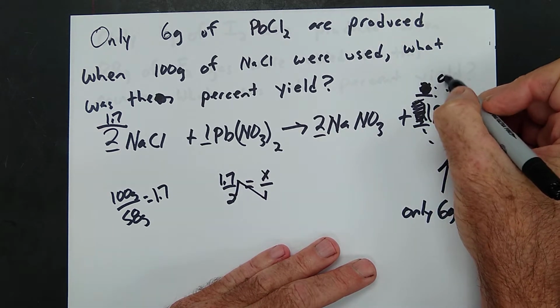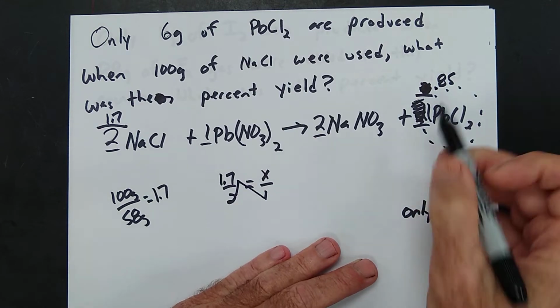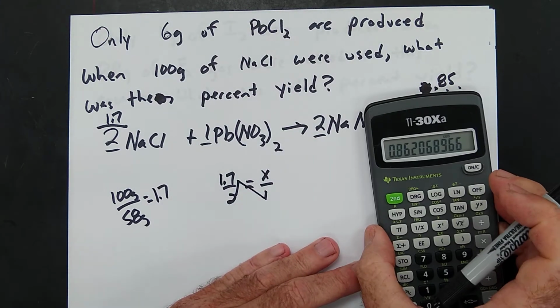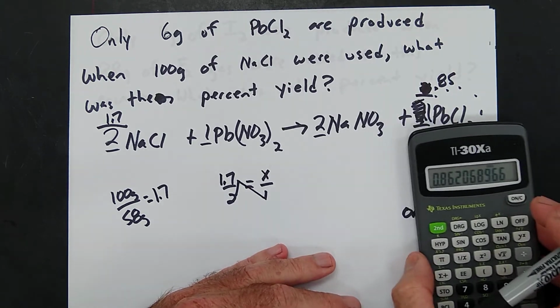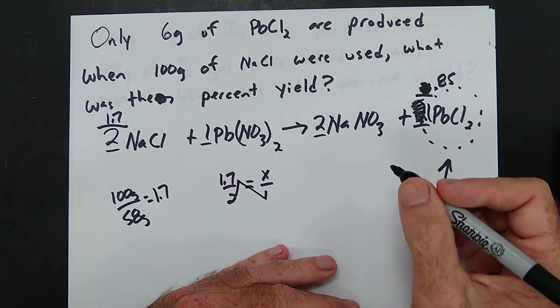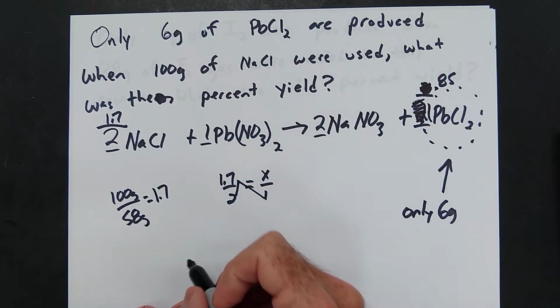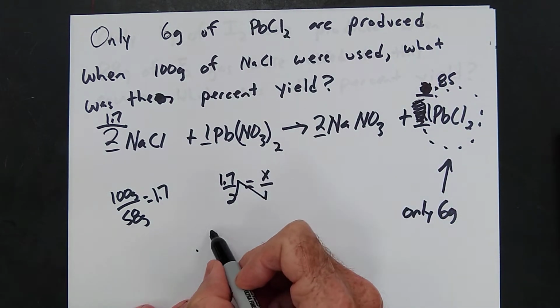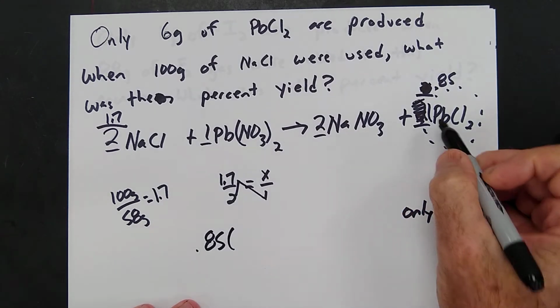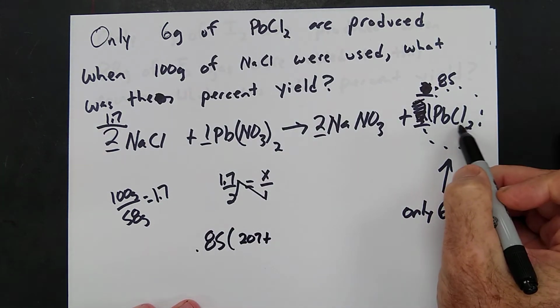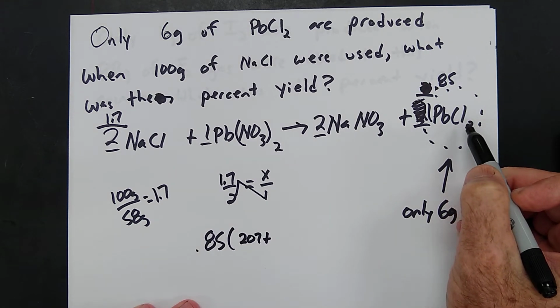So 0.85 moles. So we expected to make 0.85 or 0.86 moles, depending on how you rounded it. How many grams of lead 2 chloride would 0.85 moles be? Well, here's how you do it. 0.85 times Pb is 207 plus Cl2, 2 chlorines would be 70.